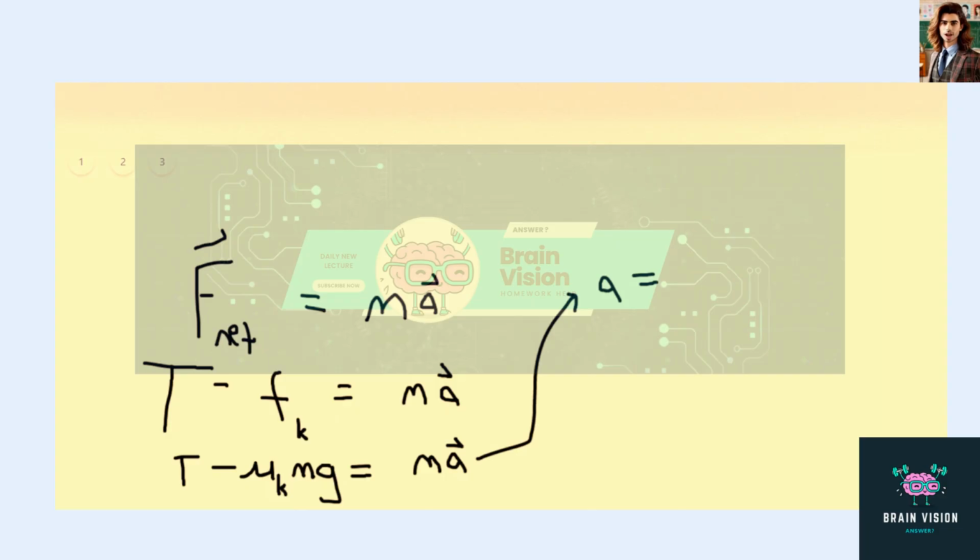So T over M minus μk g. So we're varying T, that's our x, and measuring a, that's our y. So we already used the slope, so then b equals minus μk g, and we know b is minus 2.842.